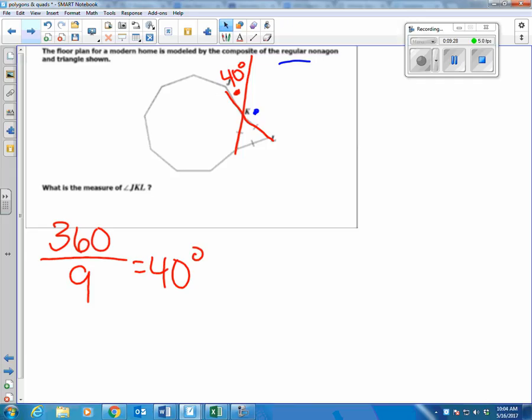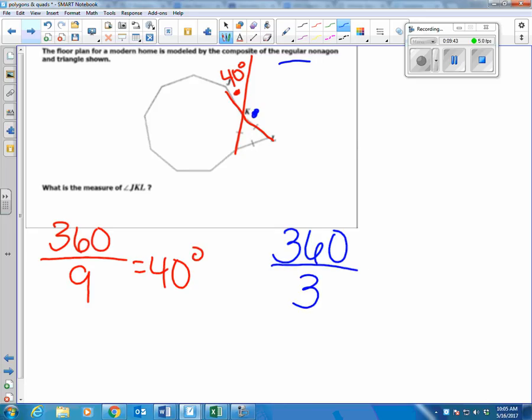And now I need to find here. I need to find the exterior angle of the triangle. And so the exterior angles of a triangle add up to 360, and then there's 3 sides in that triangle. So that means each one of those exterior angles is 120 degrees.